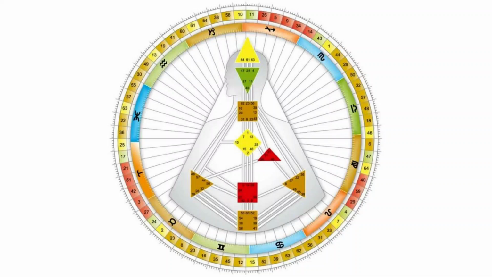Gate 63 is the spark of inquiry, the logical pressure in the head center that demands proof before belief. As part of the collective understanding stream, its energy ensures that patterns are tested and reliable before being shared with the collective. This gate is not here to believe, it's here to question.